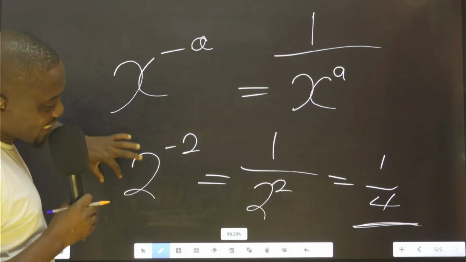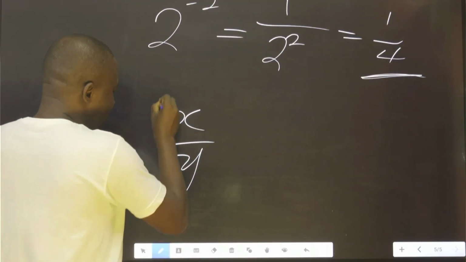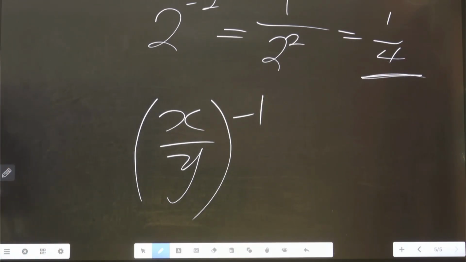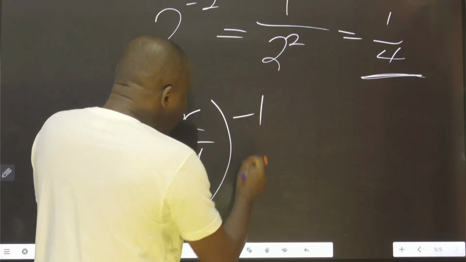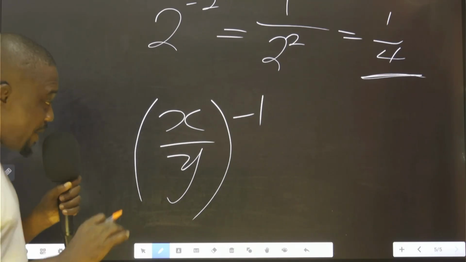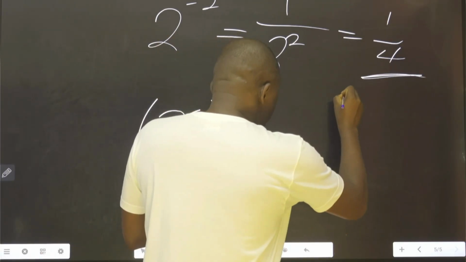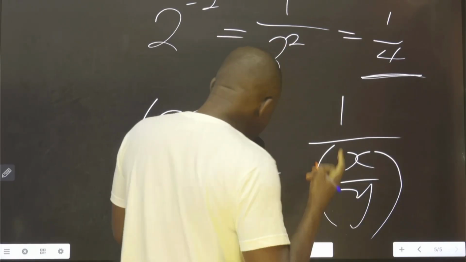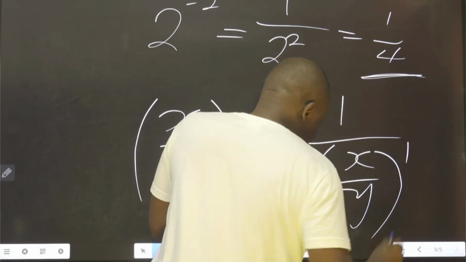For instance, x over y raised to the power minus 1. This minus alone means 1 over. That is 1 over. This still remains the same. This one that was there before, we still put it back.